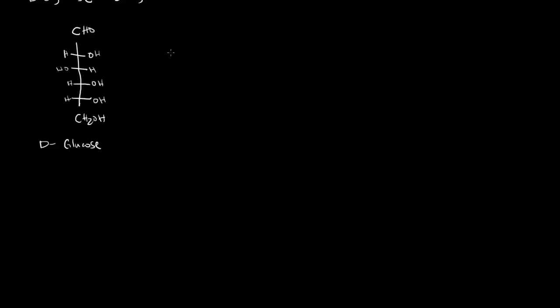Now what I'm going to draw is D-galactose. Even if you don't know the structure of galactose, you know that the last carbon has to have the OH on the right. So it actually looks like this.